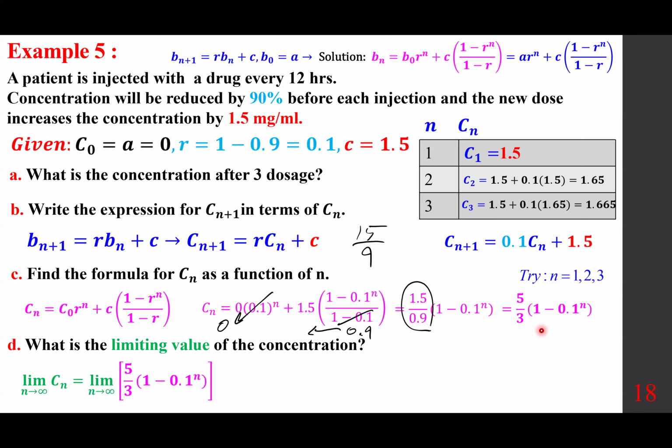So when we take the limit and we use the limit law on that, we can take the 5/3 out. The limit of this minus the limit of that as n goes to infinity.